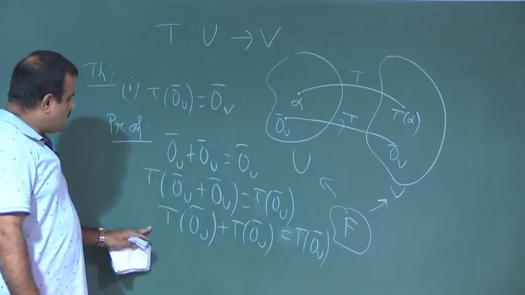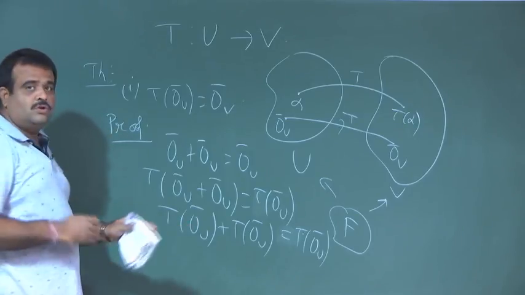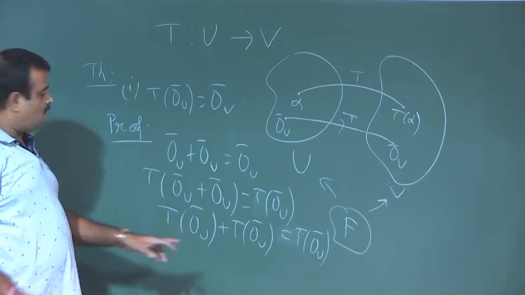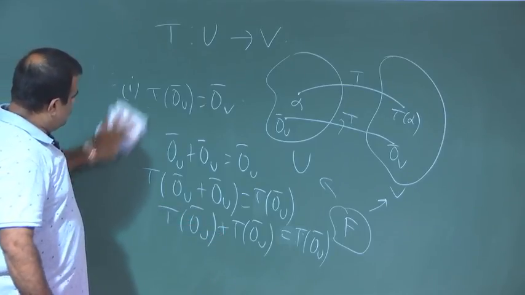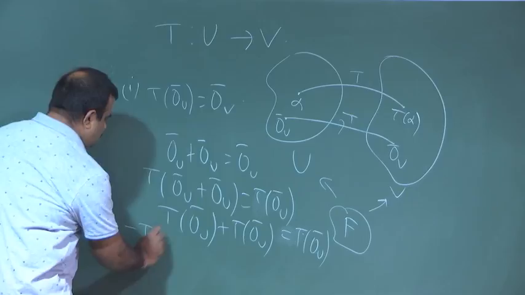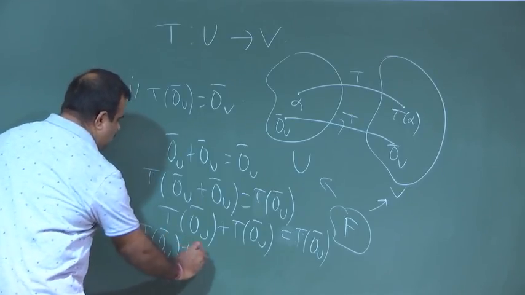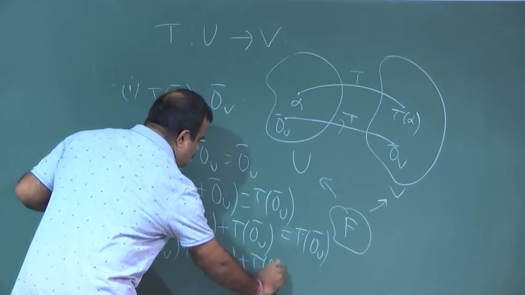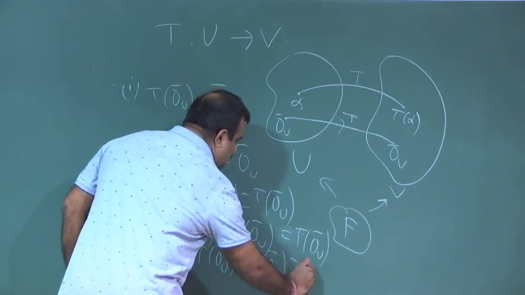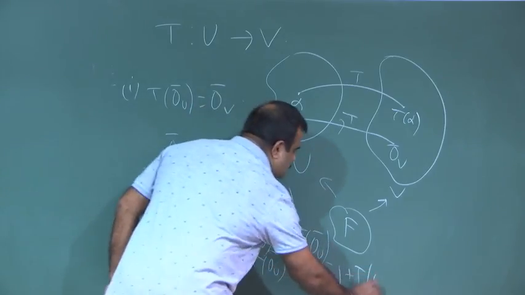Now, if we subtract T of 0_u from both sides and use the associativity law of addition, we take minus T of 0_u on both sides: minus T of 0_u plus T of 0_u plus T of 0_u is equal to minus T of 0_u plus T of 0_u.